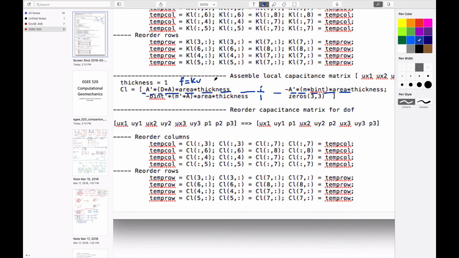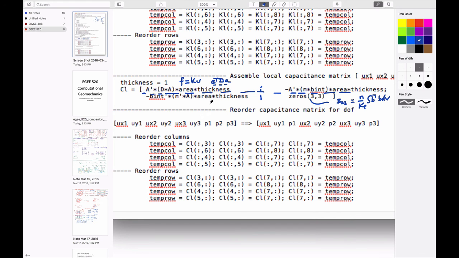This is A transpose dA that goes here. This should be the term that is the storage matrix, what we call B22, which is something like porosity, stiffness of water, multiplied by B transposed B dV.